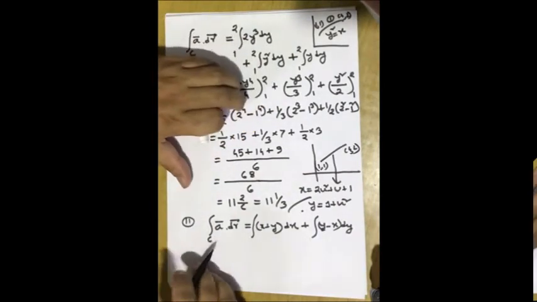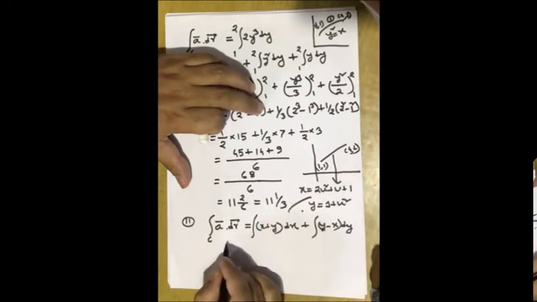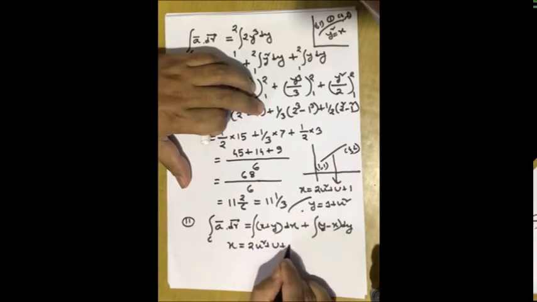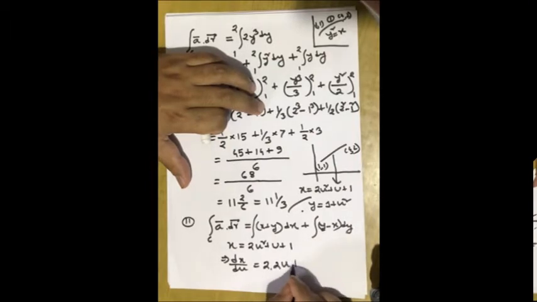So first let's find out the value of dx. x is equal to 2u² + u + 1. Therefore dx/du will be 2 into 2u, plus 1. So dx is equal to (4u + 1) du. That is the value of dx.